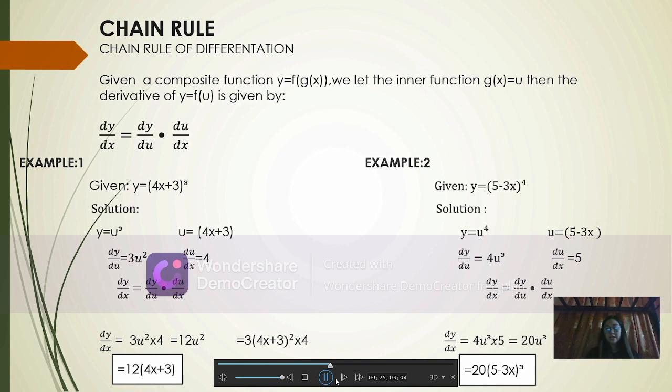So, dy over dx is equal to 4u cubed times 5 is equal to 20u to the cube power. So, ang exponent natin is cube or to the third power. So, ang sagot is 20, then parenthesis 5 minus 3x to the third power.